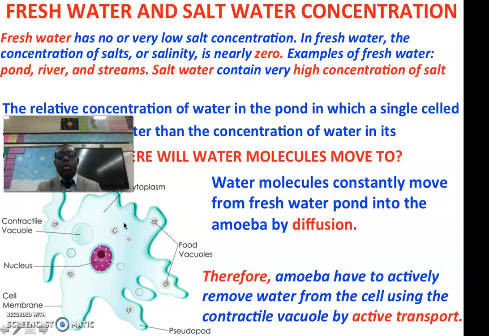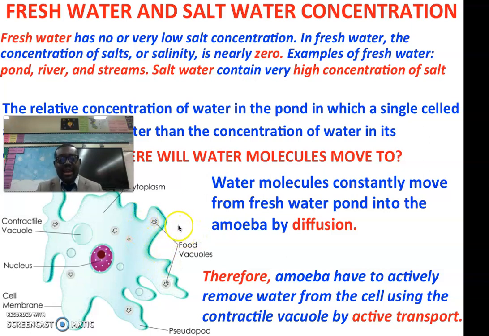So that's the reason why water will constantly move into the amoeba cell, because the concentration of water molecules in the pond is higher than the concentration of water molecules inside the amoeba. The amoeba cell has a higher concentration of salts or dissolved solutes than the fresh water.